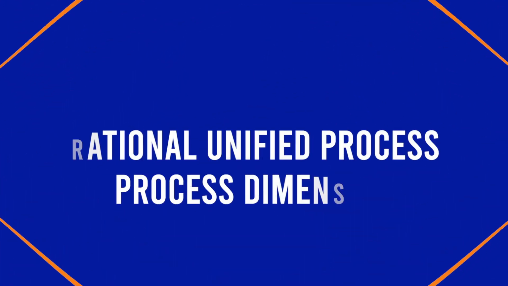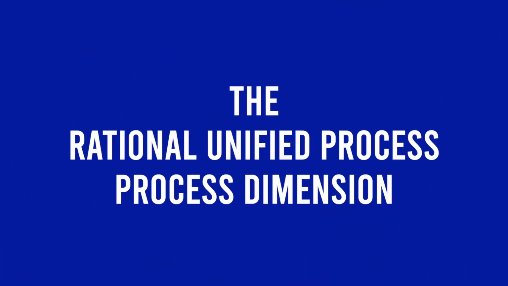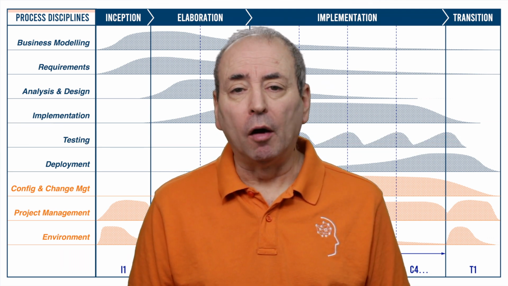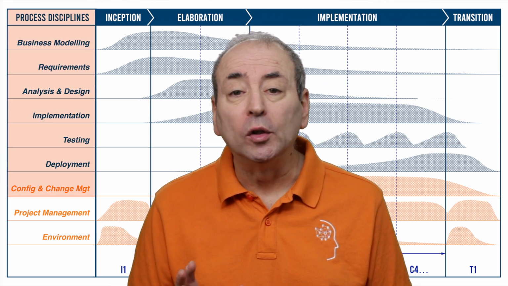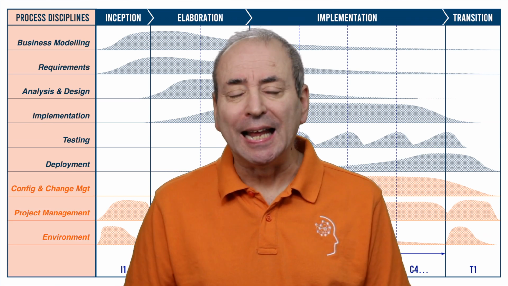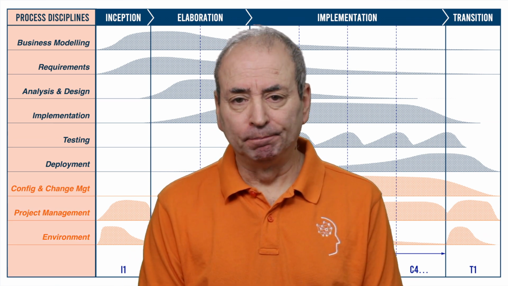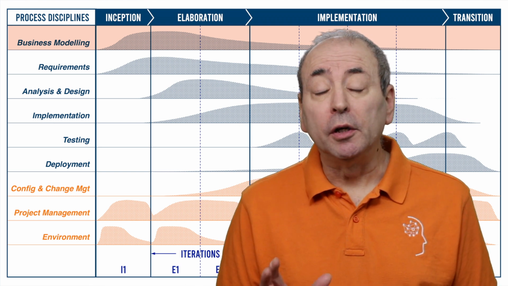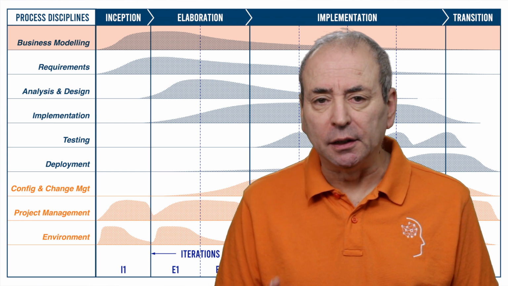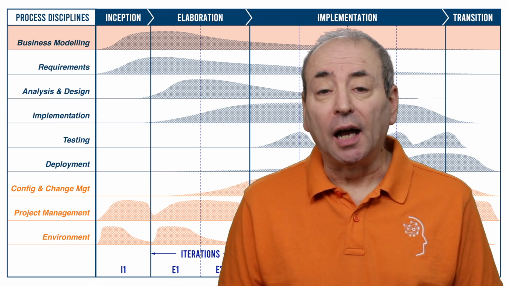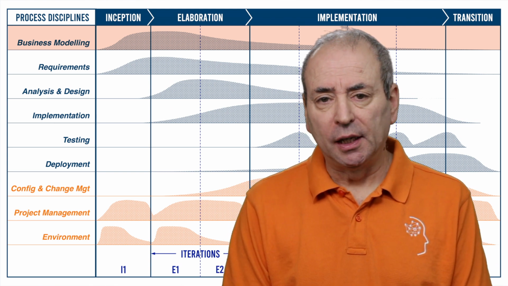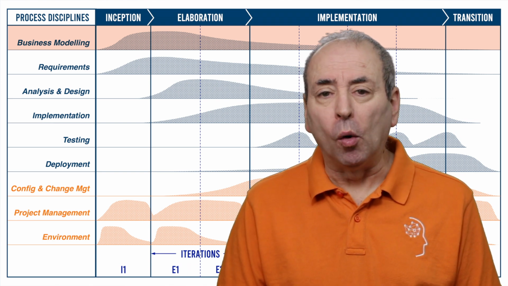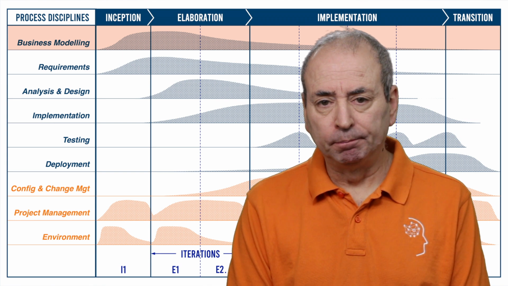The RUP process dimension. Across the 4 phases of the RUP lifecycle are a number of processes or disciplines. Let's look at some of those. The first is business modeling. In the Rational Unified Process, we model the business and its processes to understand the system requirements so that we can design our software to match up to the organization's processes.